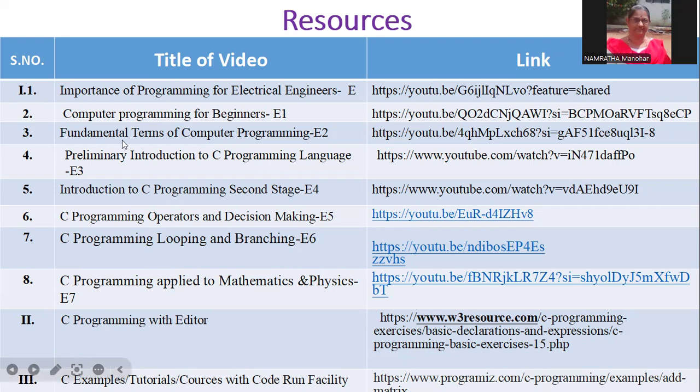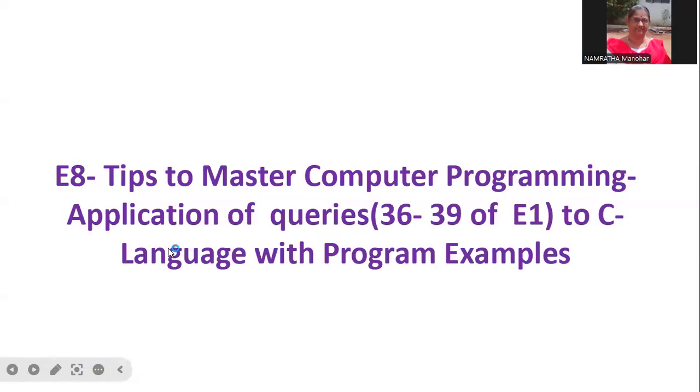It's good that you go through these episodes more than 1 or 2 times, so you get a strong foundation, especially the first 3 episodes, that is computer programming for beginners and fundamental terms. Please keep revising them at least a few times.